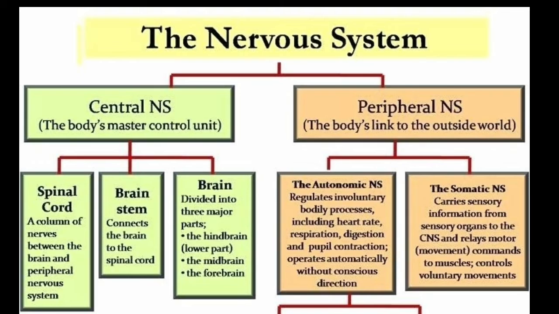So, the somatic nervous system, or the SNS, comprises the sensory neurons and the motor neurons that are connected to the CNS, the central nervous system, that commands the muscles, and these actions and movements are voluntary, that is, under our control.